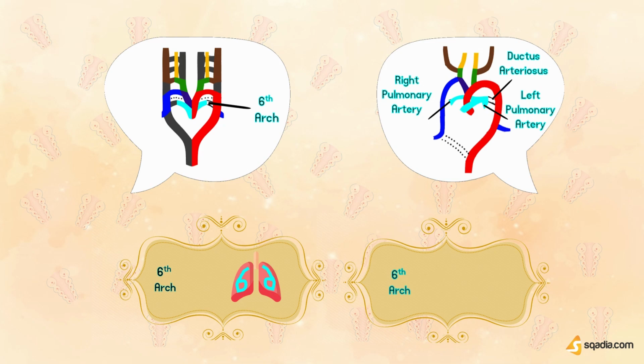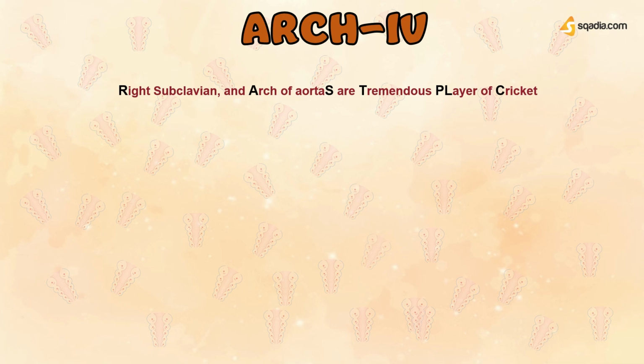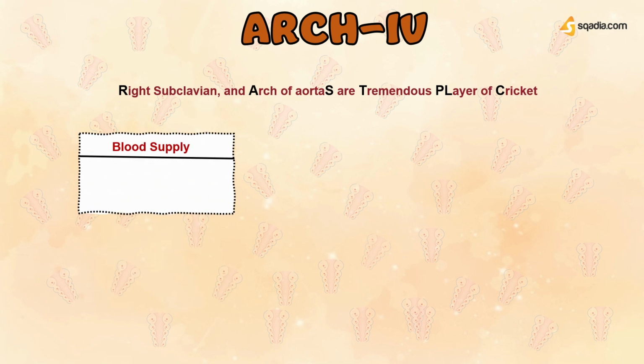So, ductus arteriosus. Now, let's make the mnemonic for bones, muscles and nerves from fourth pharyngeal arch. The mnemonic is right subclavian and arch of aortus. Are tremendous player of cricket, as we know that arteries or blood vessels given rise by fourth pharyngeal arch are right subclavian and arch of aorta.